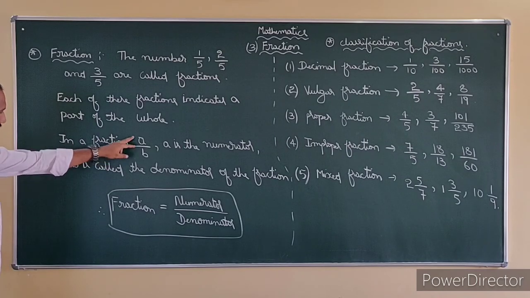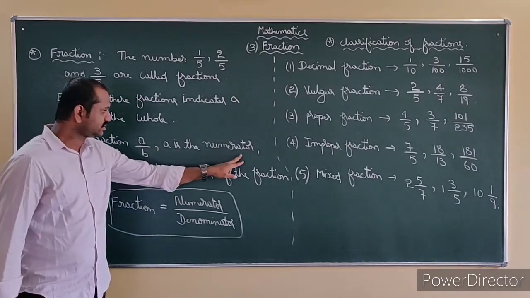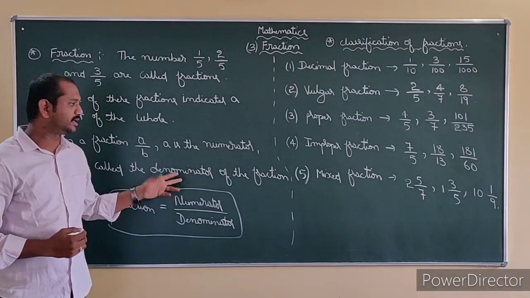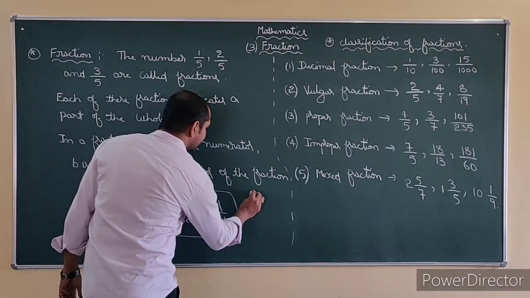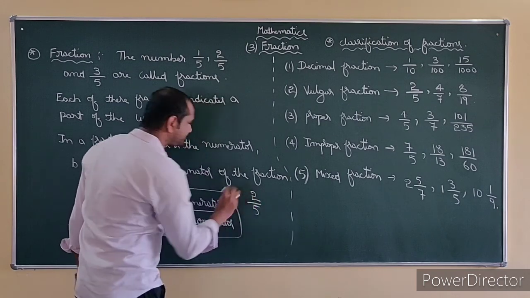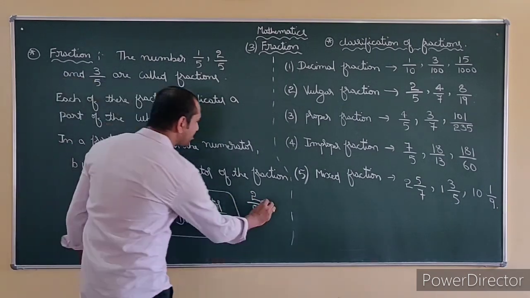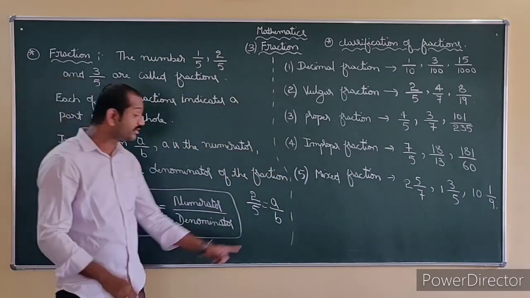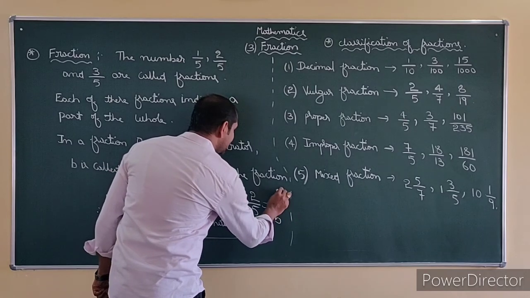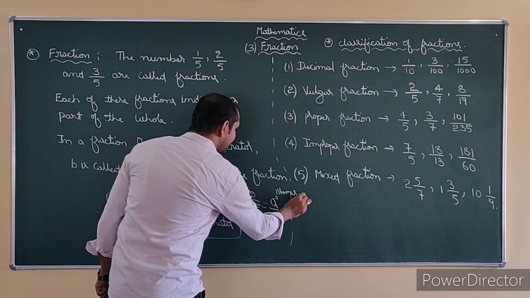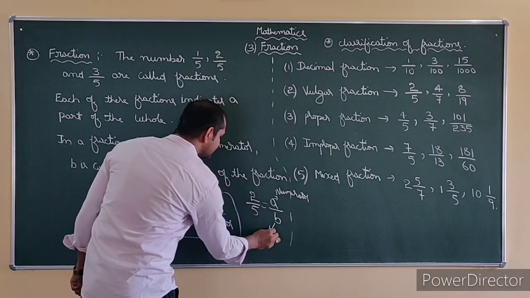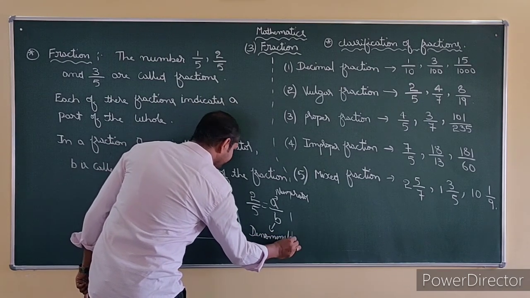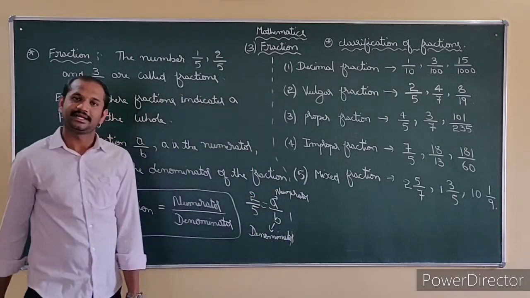In a fraction A by B, A is called the numerator and B is called the denominator. For example, take 2 by 5. This is in the form of A by B, where A is the numerator and B is the denominator.